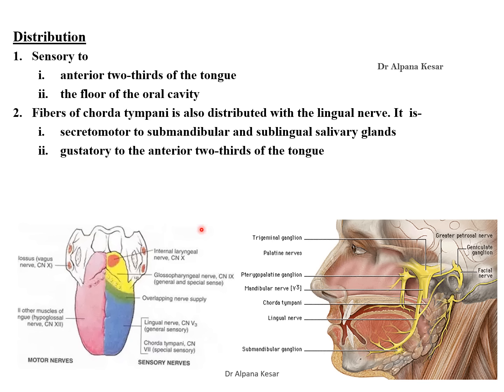The fibers of chorda tympani are distributed via lingual nerve, and these fibers are gustatory to the anterior two-thirds of the tongue, that is, carry taste sensations from the anterior two-thirds of the tongue. They are also secretomotor to submandibular and sublingual salivary glands.